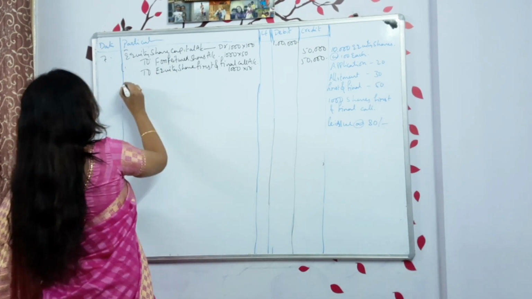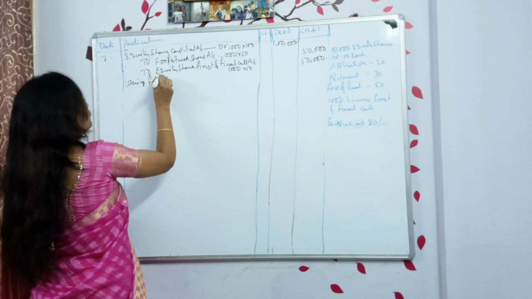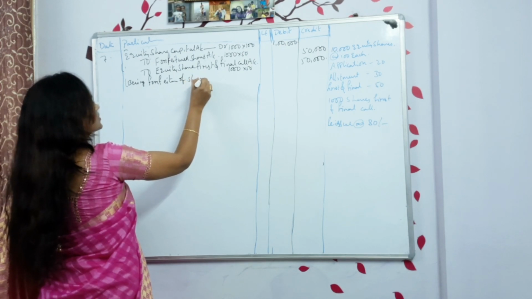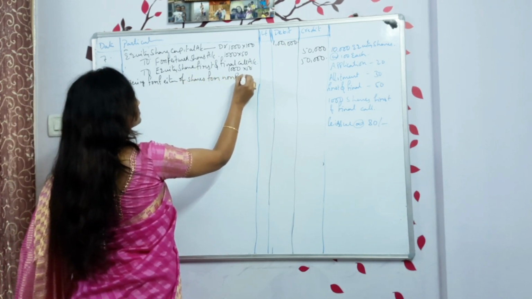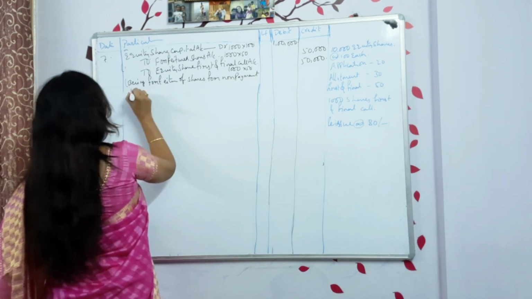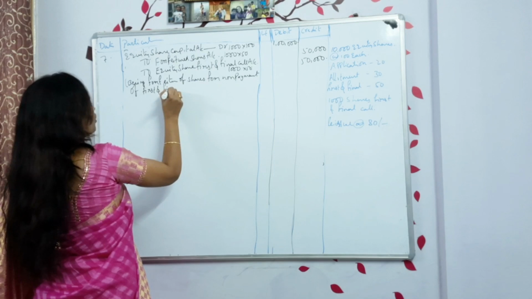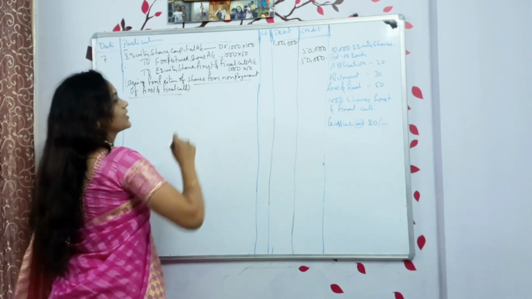Okay, when you are writing the narration, being forfeiture of shares for non-payment of first and final call.